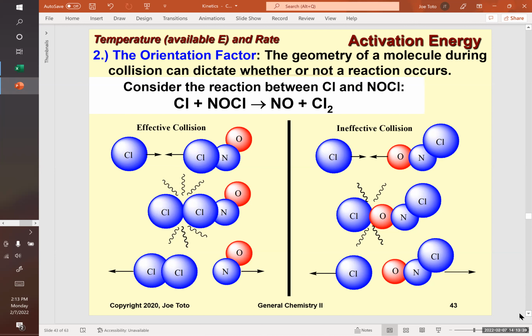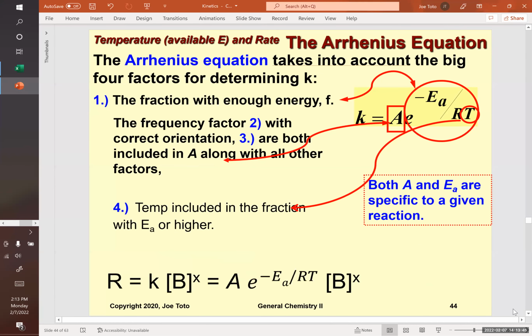The other things that are important are the orientation factor and the collision frequency, which all go into A, this pre-exponential part.